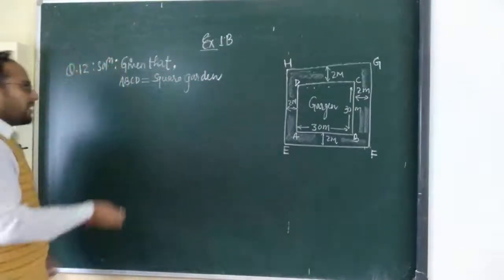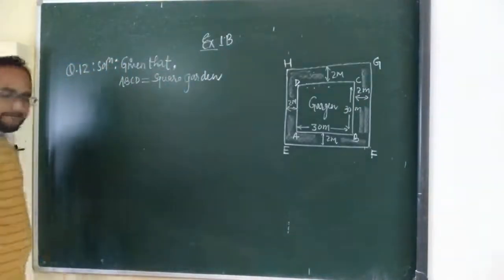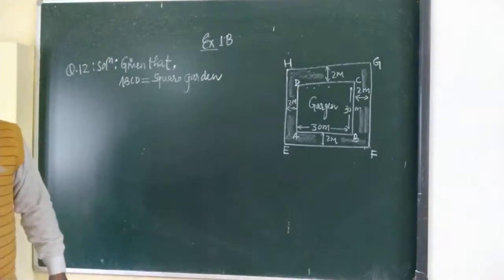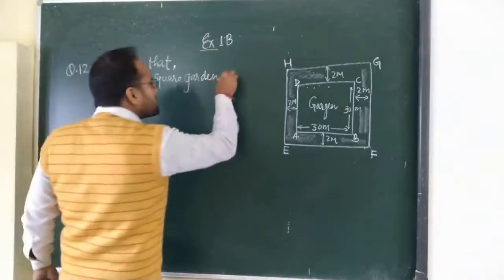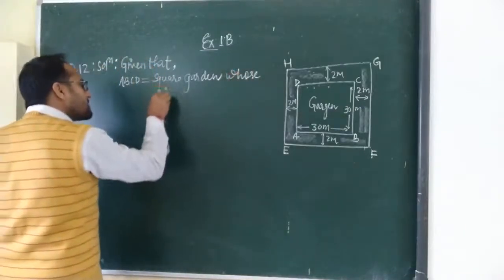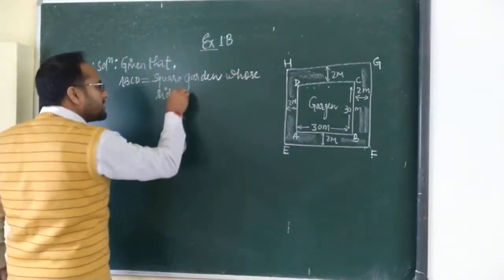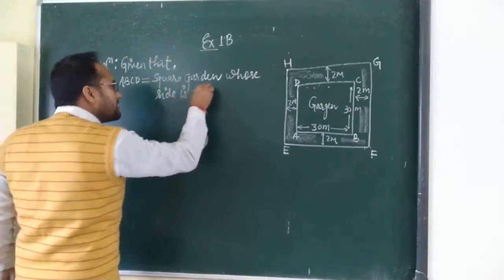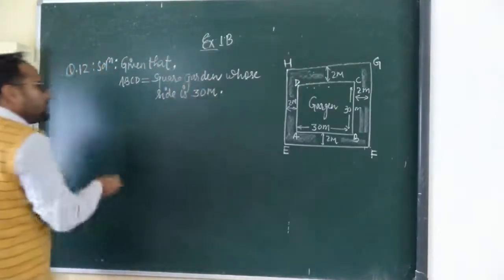In that square garden, whose side is 30 meter.